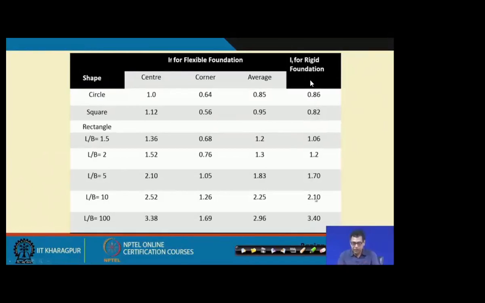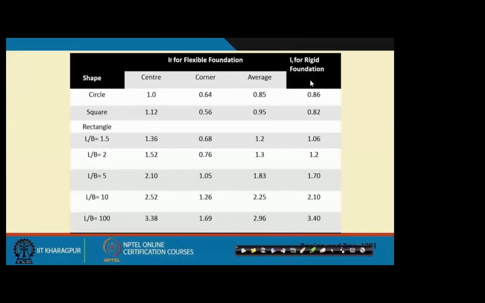Now, if you look at these values, the I_F values for the rigid foundation are almost 80% of the I_F value that you get at the center of the flexible foundation. So, what we do is use the I_F value at the center, because that is the maximum for the flexible foundation, in the case of rigid foundation design.